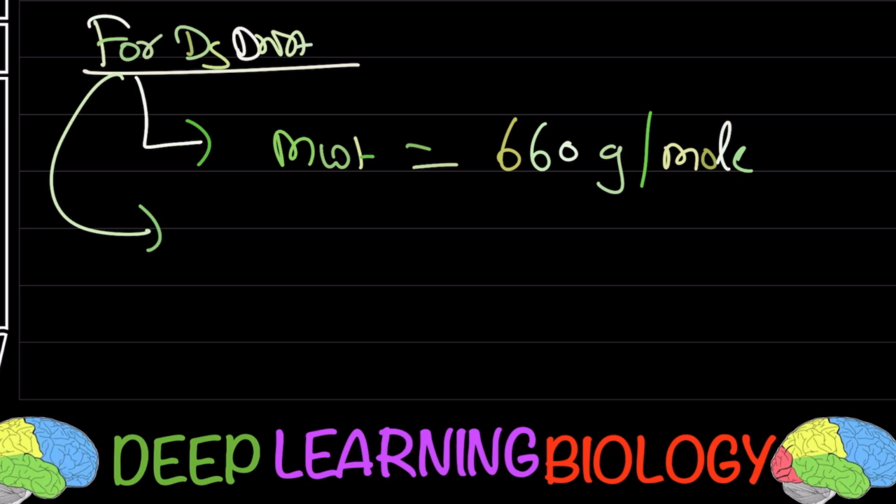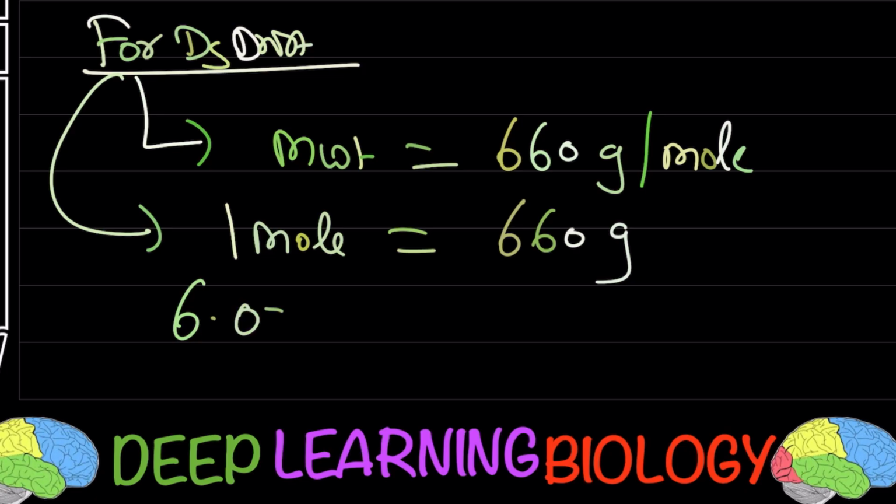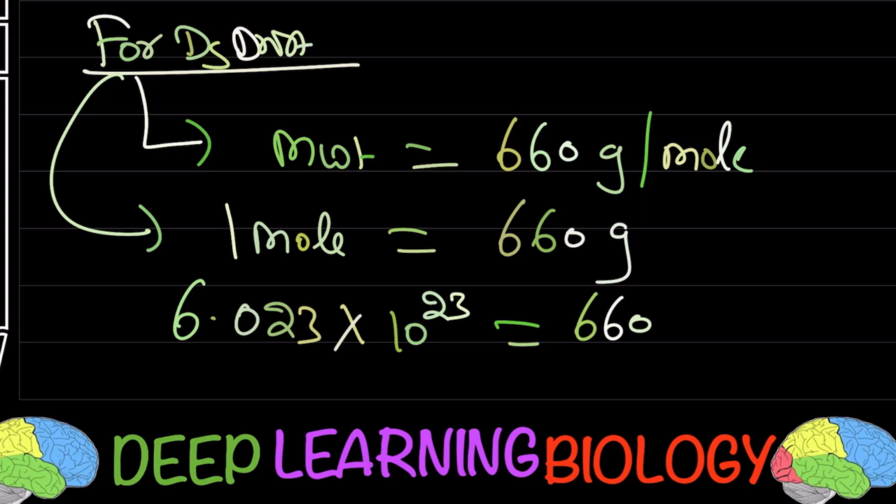This you have to remember. It means for double stranded DNA, 1 mole is going to weigh 660 gram. And 1 mole represents 6.023 into 10 to the power 23 molecules. So 6.023 into 10 to the power 23 molecules are going to weigh 660 gram.